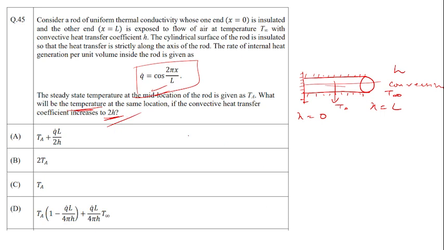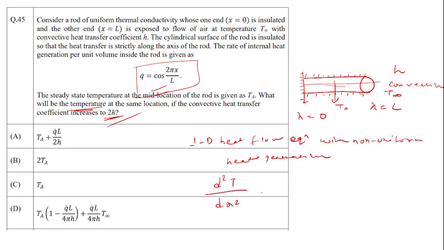Okay, so let me write the 1D heat flow equation with non-uniform heat generation. The equation is d square T divided by dx square plus q generation divided by k is equal to 0. Now we will integrate both the sides.